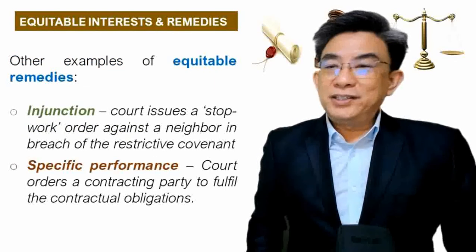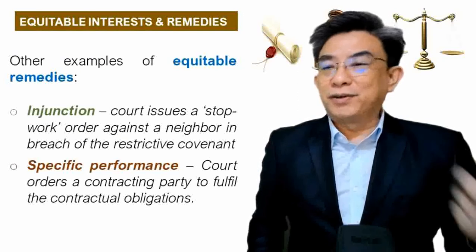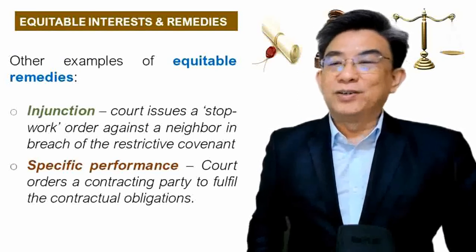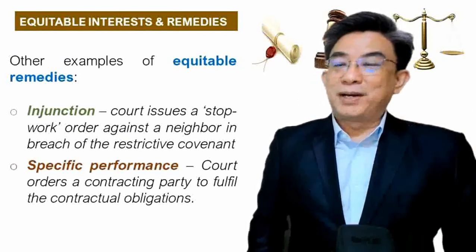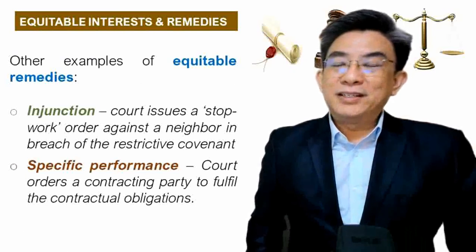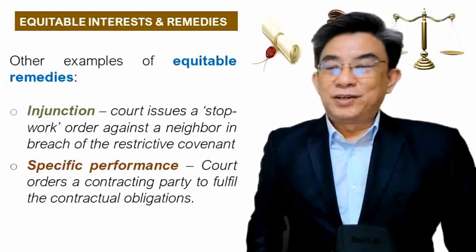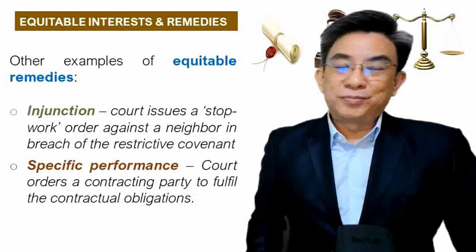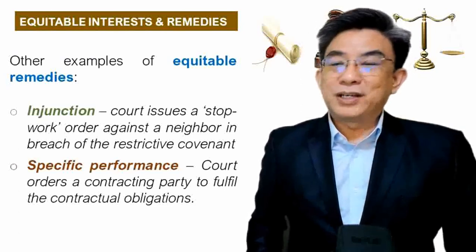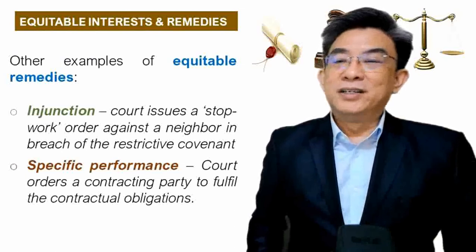Now, injunction is another example. Take the earlier example, where I said I promise not to build taller than my neighbor. One day I decide to breach my own promise. I go to URA to apply for permission to build, and URA grants it because there's no record.